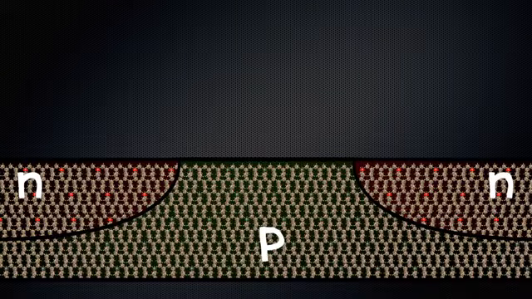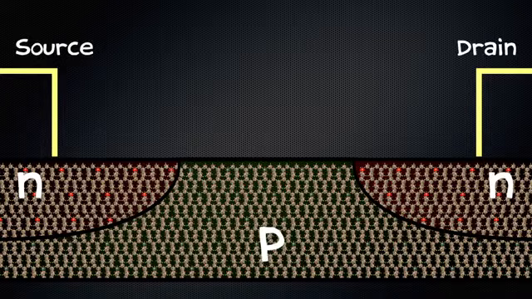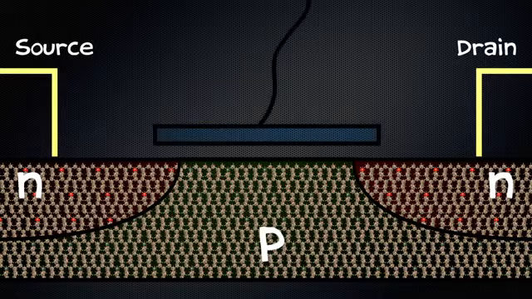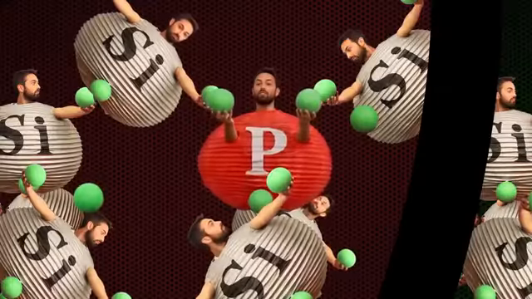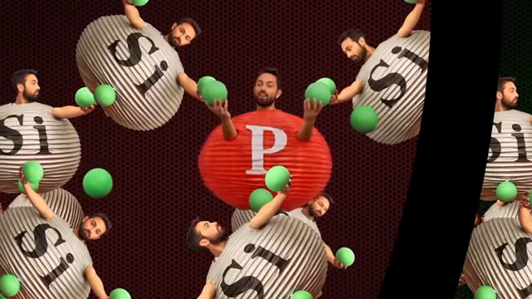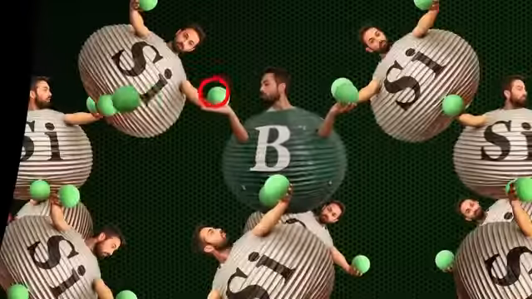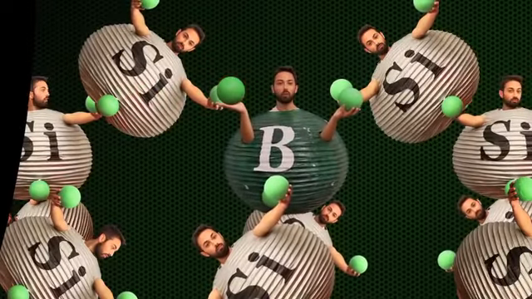Just like a switch, a transistor has an electrical contact at each end, and these are called the source and the drain. But instead of a mechanical switch, there is a third electrical contact called the gate, which is insulated from the semiconductor by an oxide layer. When a transistor is made, the N and P types don't keep to themselves. Electrons actually diffuse from the N type, where there are more of them, into the P type to fill the holes.